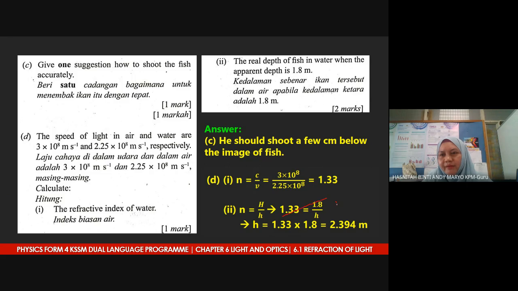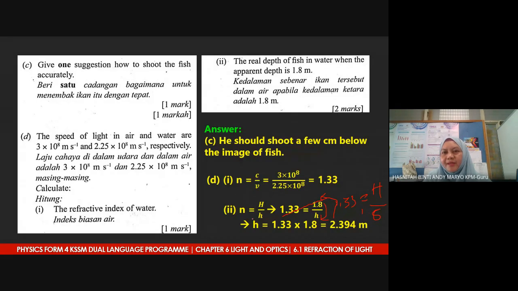Okay, so 1.33 equal to H. We are looking for capital H. H divide 1.8. Ni terbalik. Okay, this is the correct one. 1.33 equal to, okay, this one terbalikkan lah. Okay, so 1.33 equal to H divide 1.8.